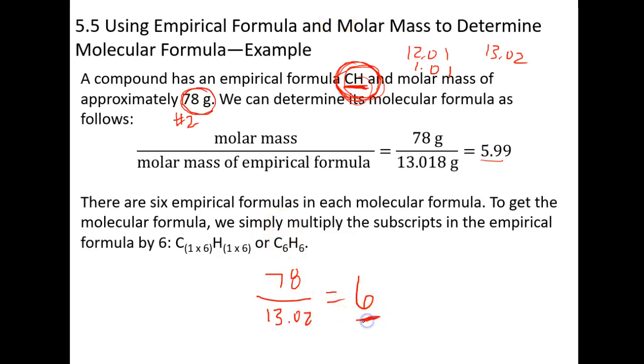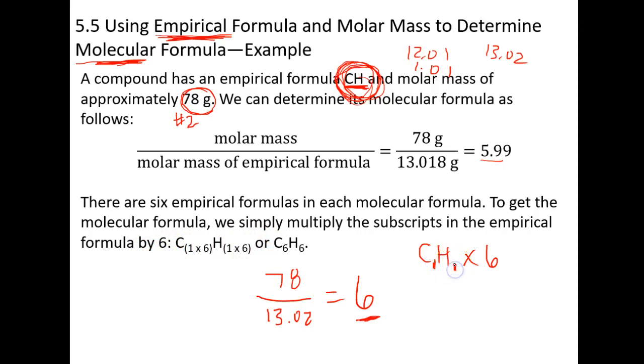So what does that mean? That means that my molecular formula is 6 times the size of the empirical formula. Let me repeat it: the molecular formula is 6 times the size of the empirical formula. So I multiply everything by 6.